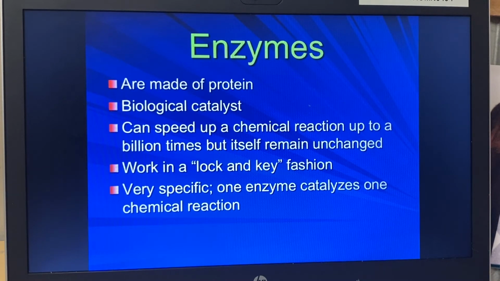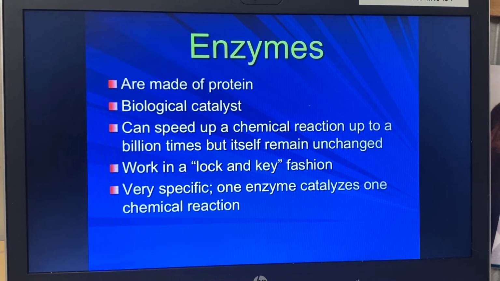A catalyst is simply something that speeds up a chemical reaction, up to 1 billion times, but the catalyst itself doesn't change at all. You can have catalysts that are actual metals, like magnesium and nickel, but enzymes are called biological catalysts because they're made up of protein, which is a type of biomolecule.